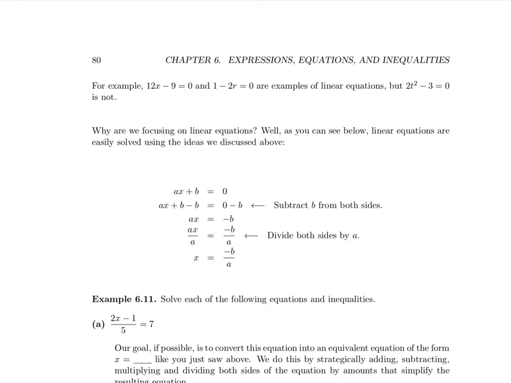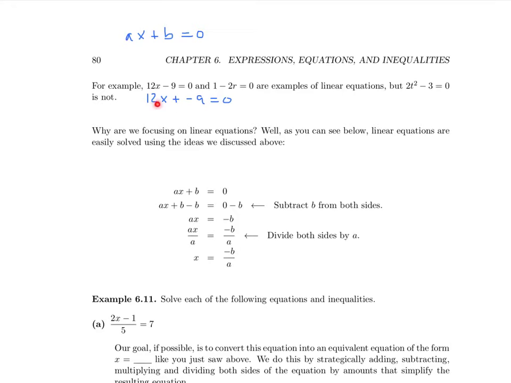For example, 12x minus 9 equals 0 is an example of a linear equation. To see this, recall that a linear equation has the form ax plus b equals 0, and you can see that 12x minus 9 can be rewritten as 12x plus negative 9 equals 0.